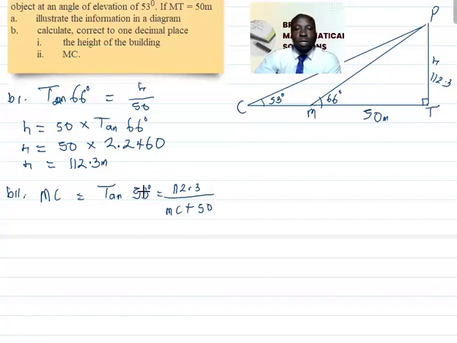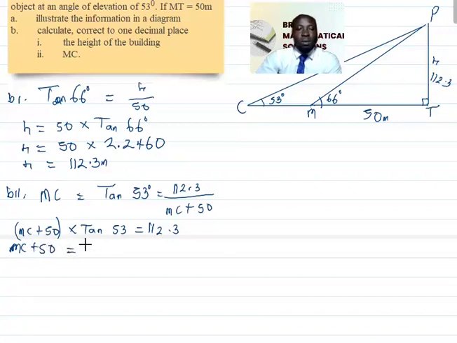So if we cross multiply, that will give us MC plus 50 all in brackets multiplied by tan 53 equals 112.3. So MC plus 50 equals 112.3 all over tan 53.